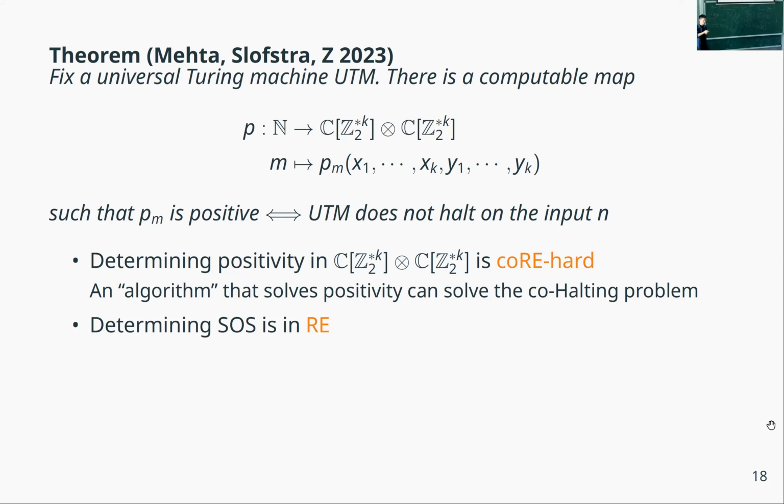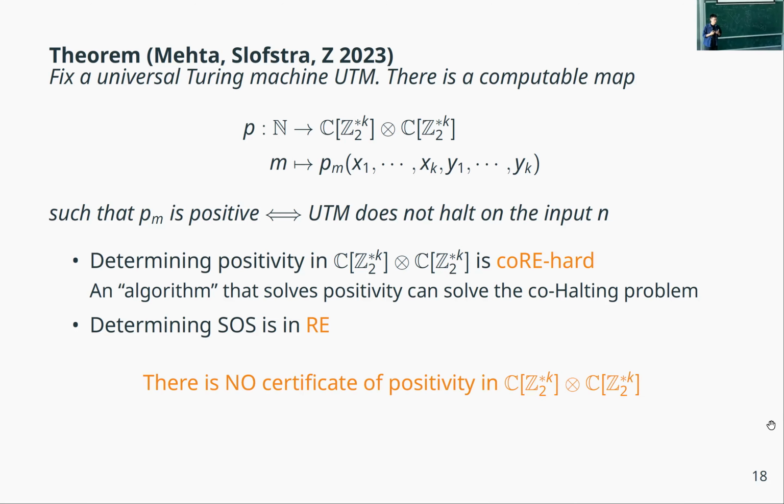So this is at least in RE, the recursively enumerable languages. Positivity is co-RE hard, sum of squares is in RE. These are two different complexity classes. Sum of squares is a subset of positivity, but determining positivity is much harder, meaning that sum of squares is properly contained in the set of positive polynomials. So not every positive polynomial has a sum of squares decomposition.